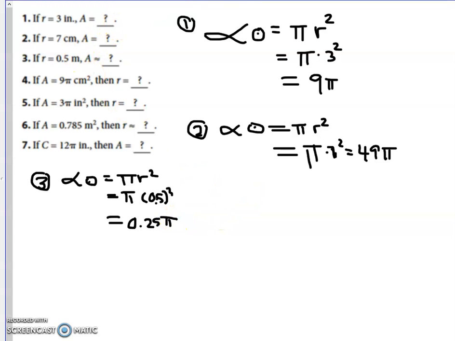Beginning in problem number 4, we're going actually in the other direction. So we have area of the circle is equal again to pi r squared. This time we're told the area is 9 pi.